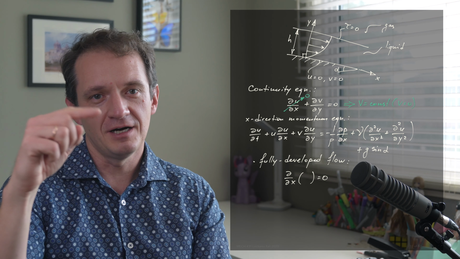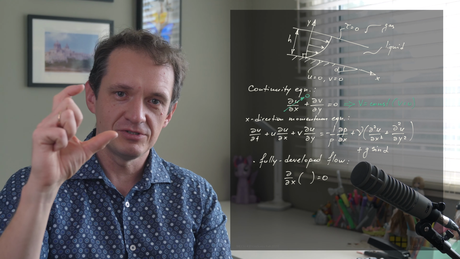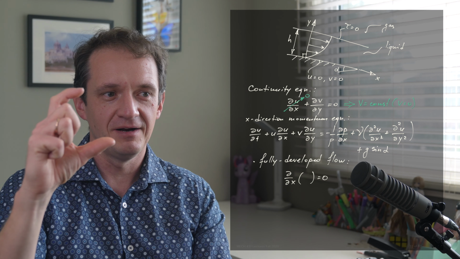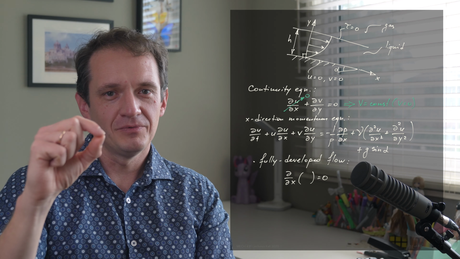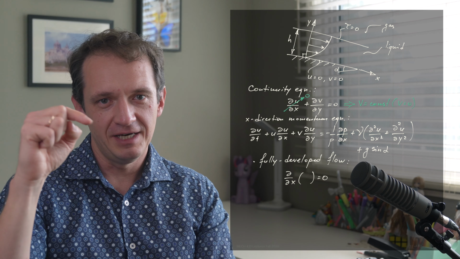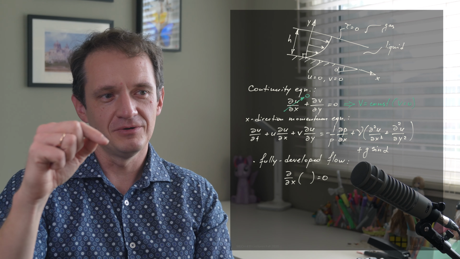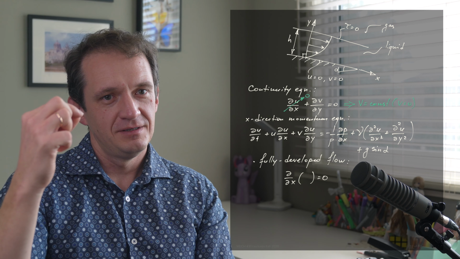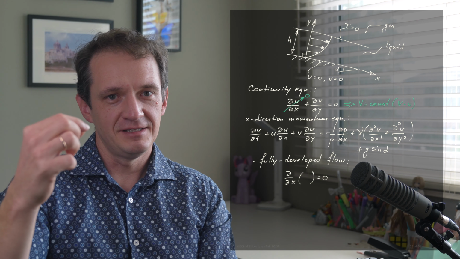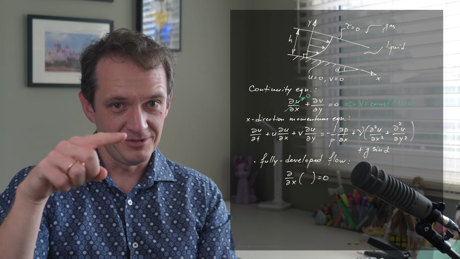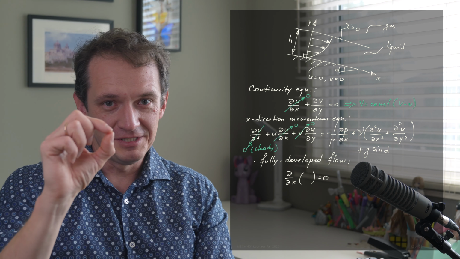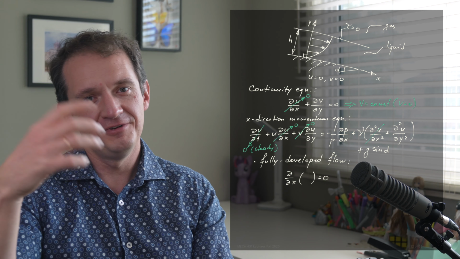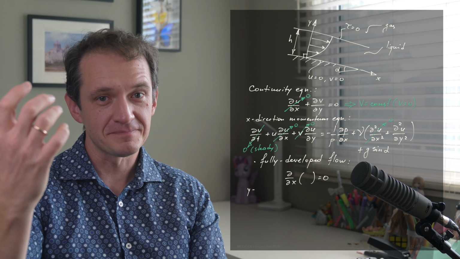So v is a constant in the y direction across the fluid layer. Remember, there is an impermeability condition at the wall, so v velocity at the wall is equal to 0. So v is a constant from the continuity equation across the layer, and that constant is equal to 0 at the wall, so v is equal to 0 everywhere.